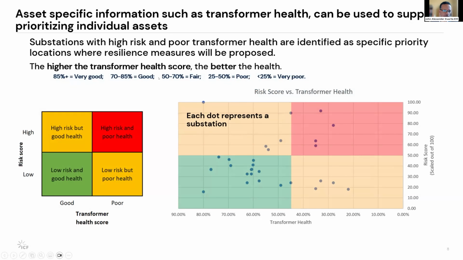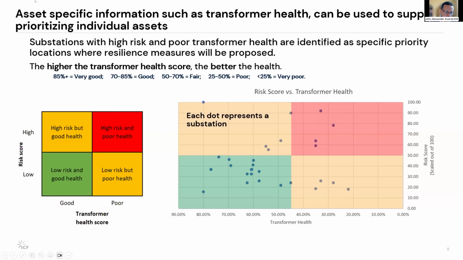One other thing I wanted to bring up in terms of asset-specific prioritization: imagine substations and heat. You've considered exposure. There is also a consideration of the asset itself, and one dimension there could be transformer health. There are health scores for assets, health scores for circuit breakers and things like that.